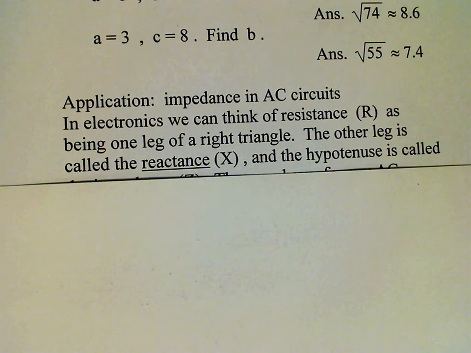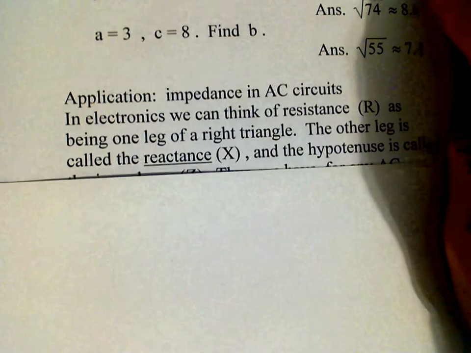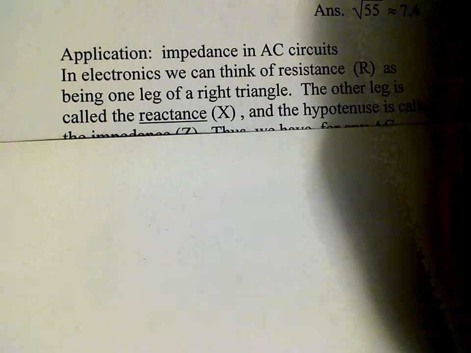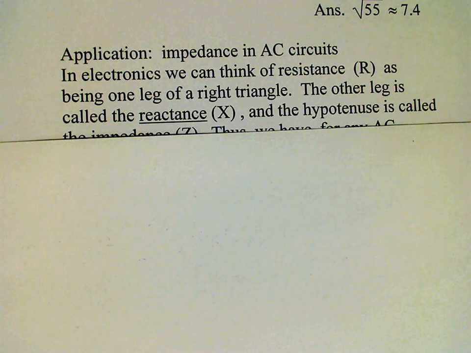And impedance can be calculated from resistance, which is resistance that we're familiar with from DC circuits, and reactance, which comes from the other components, the capacitors or inductors, reacting with the AC voltage. And reactance is represented typically with the letter X.